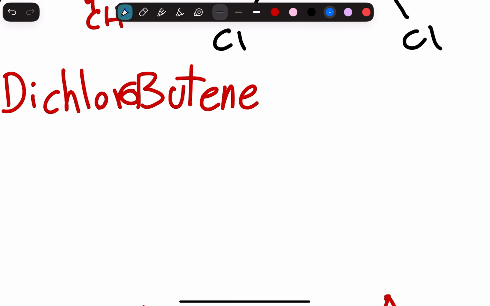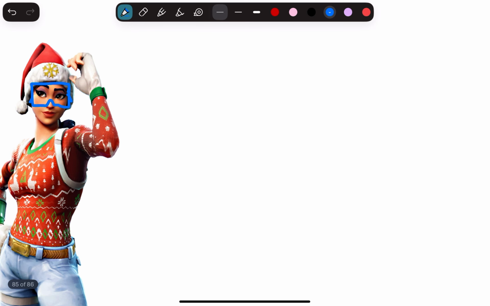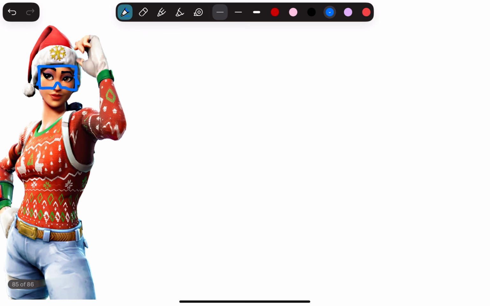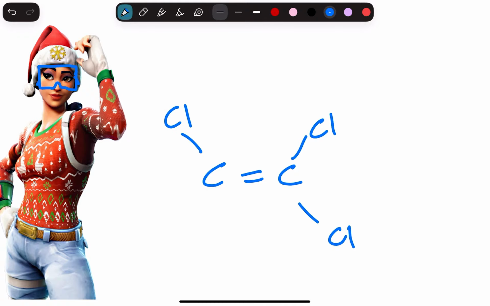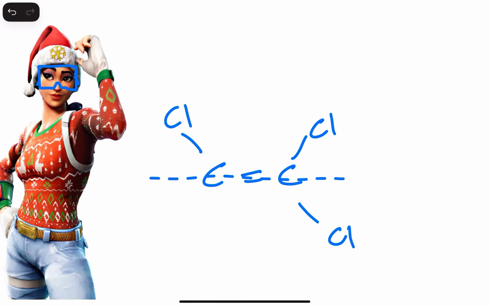But there's one more thing. What if they are on neither side? So what if you have something like this, where you have two carbons double bonded, and then you have a chlorine here, and a chlorine here. And then you draw that same line, and you notice, okay, I have two here and then I have one here. Is it cis or is it trans?